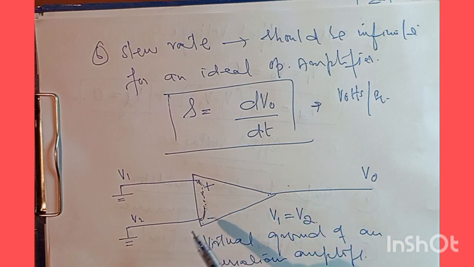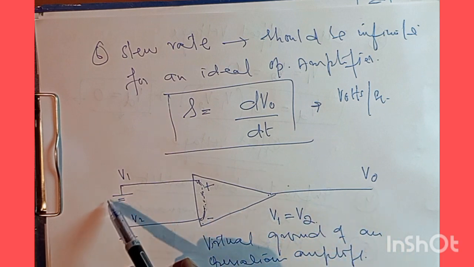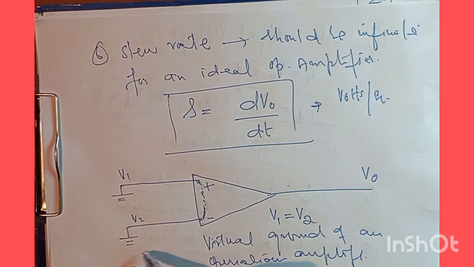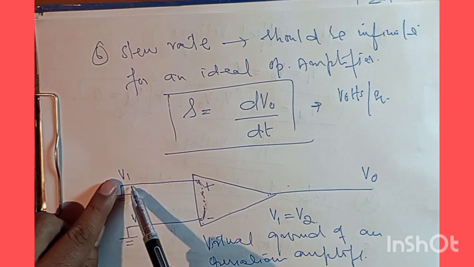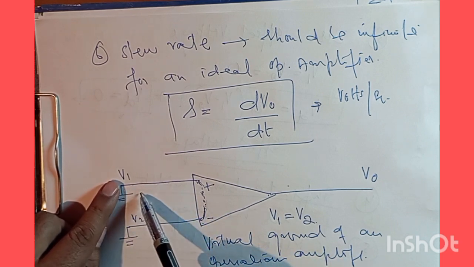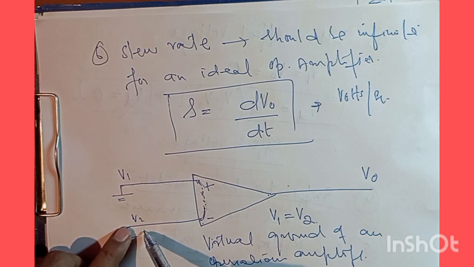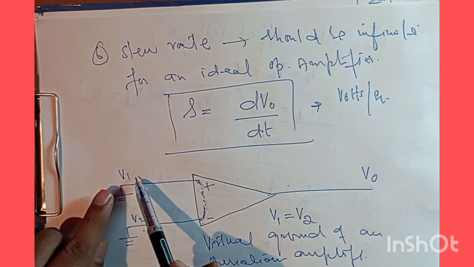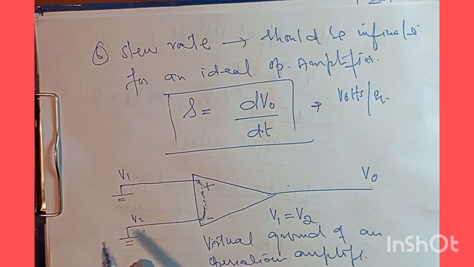And at the same time, if we ground the two terminals V1 and V2, then under the given circumstances, the potential that we have at V1 must be equal to the potential at V2. So V1 should be equal to V2. Now the ground that we have defined here, we call this ground as virtual ground.